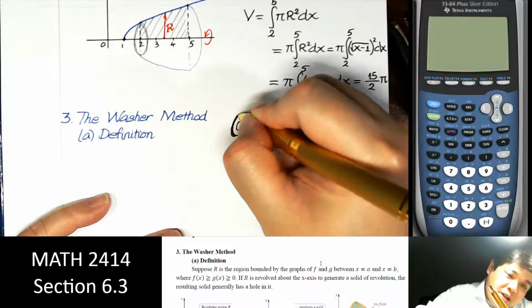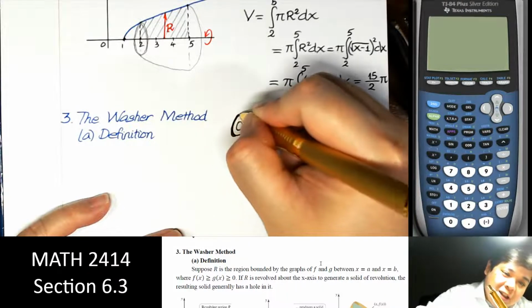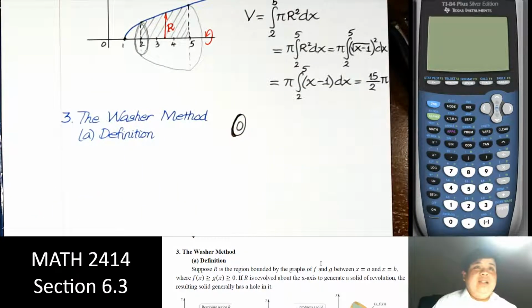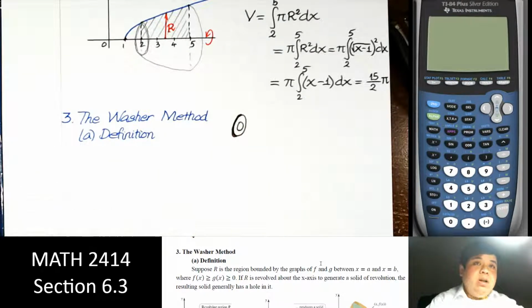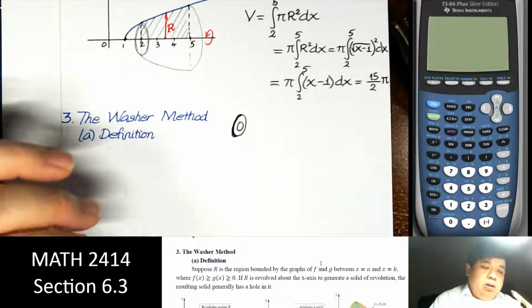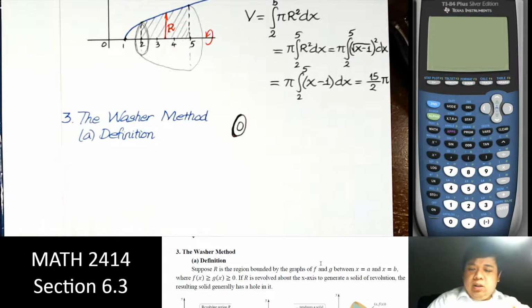It's not a donut, but it has a hole in it. And usually a washer is the one that we put around a bolt so that we don't tie it up.